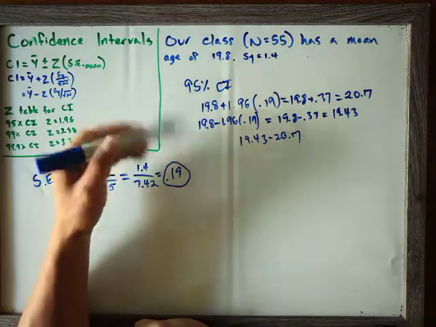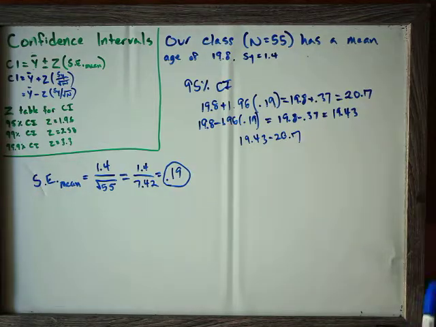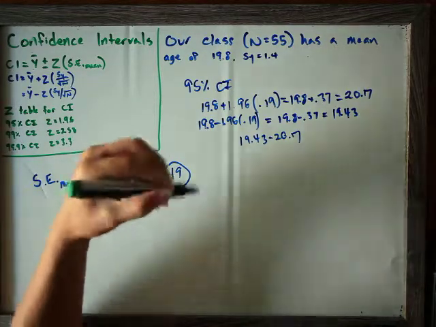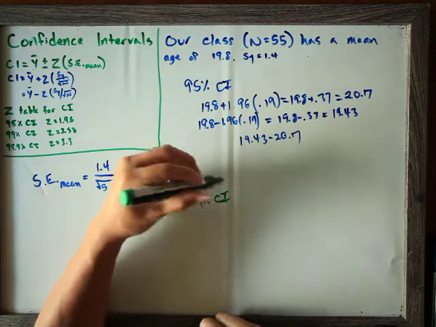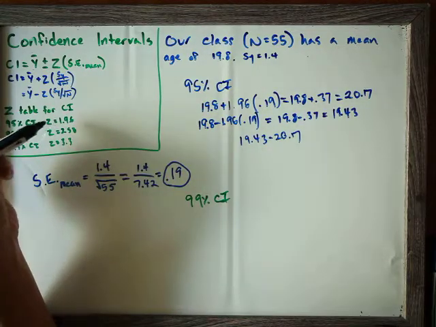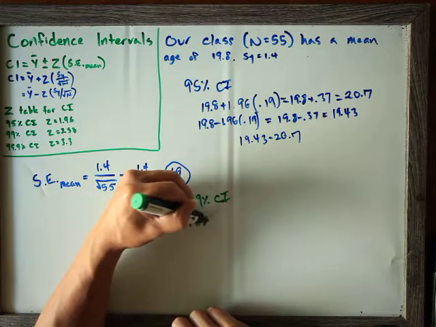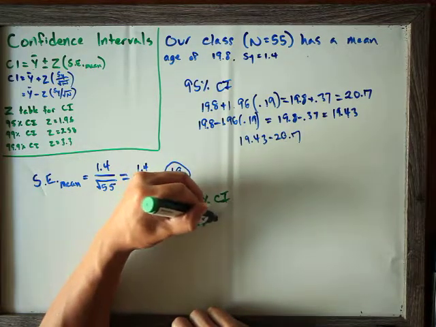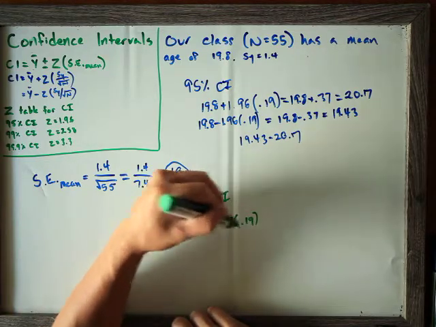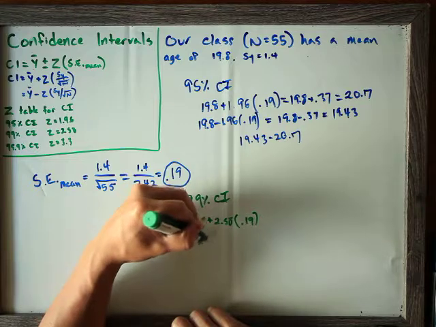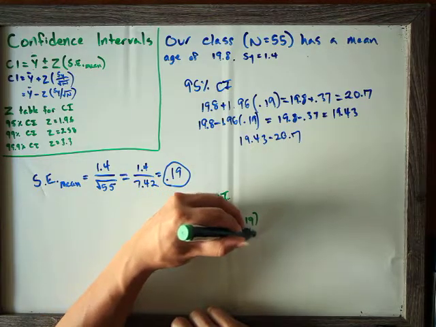So, to do a 99% confidence interval, we're going to do the exact same equation, except instead of 1.96 for z, we're going to use 2.58 for z. So it'll be 19.8 plus 2.58 times 0.19 and 19.8 minus 2.58 times 0.19.